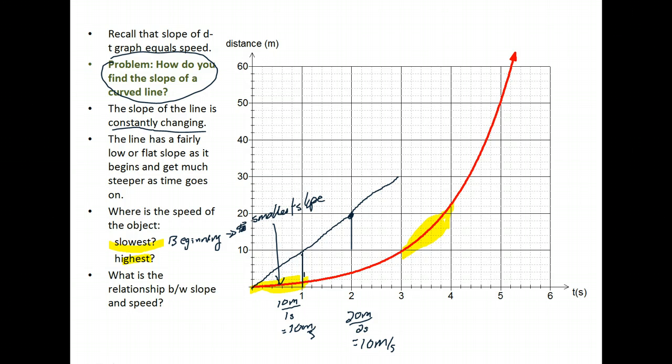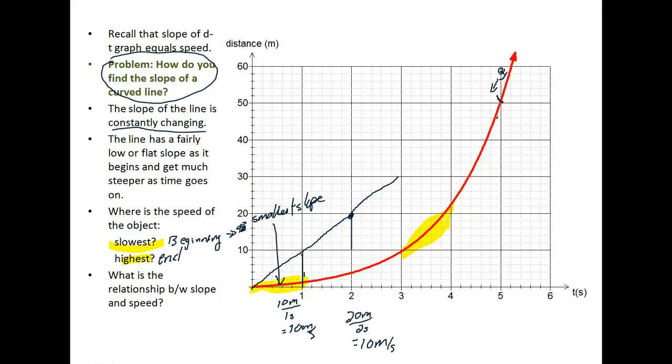And when you think about slope, think about skiing. Where would you have the fastest speed? Here at the bottom part of the hill, or here at the top? So if someone were going skiing, as you're coming down here, you have the steepest slope, and this is your fastest speed. So here at the end of the graph.